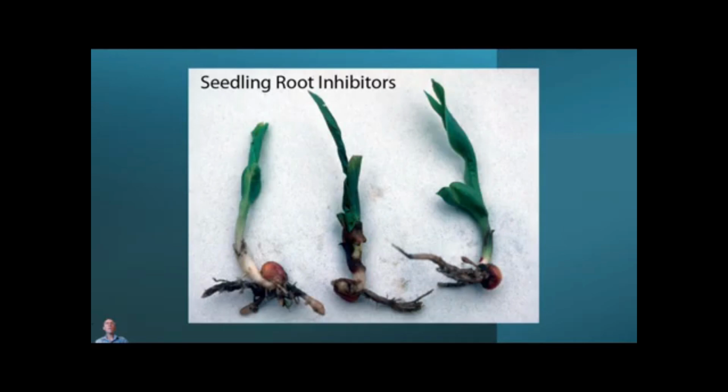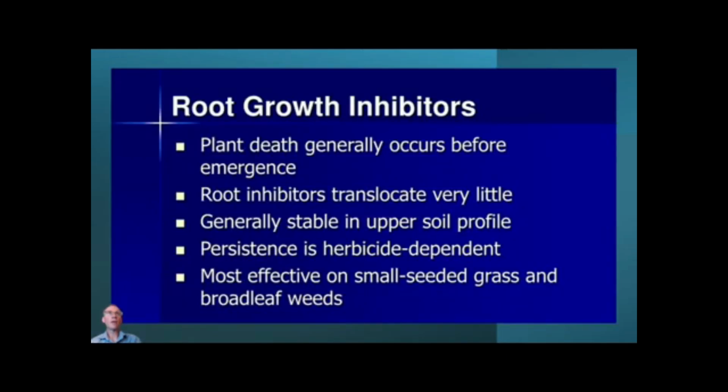On the current image, you're seeing a little bit of what seedling root inhibitors do. Looking at root growth inhibitors, plant death generally occurs before emergence. Root inhibitors translocate very little and are generally stable in the upper soil profile. Persistence is herbicide dependent, and they are most effective on small-seeded grass and broadleaf weeds.